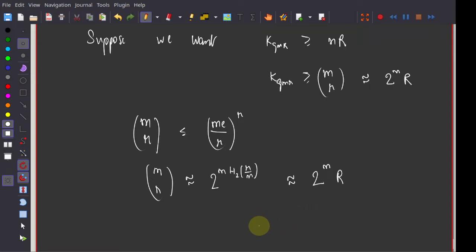Yeah, log r to the base 2. Are you sure? So let's take log on both sides. The left hand side is going to be m times h2 of r by m, is equal to m plus log r to base 2.